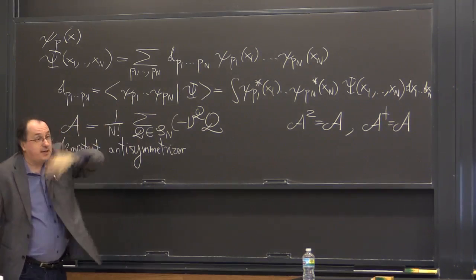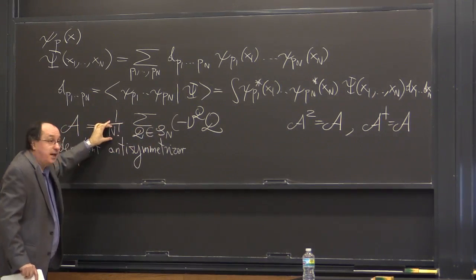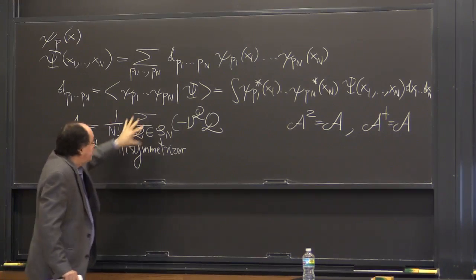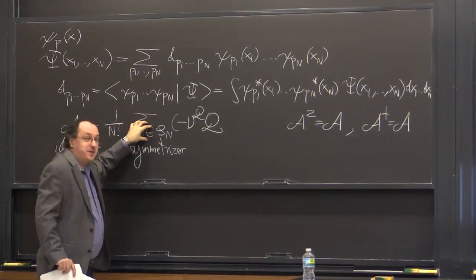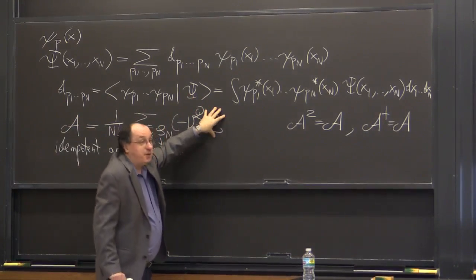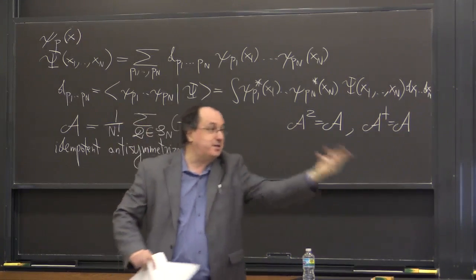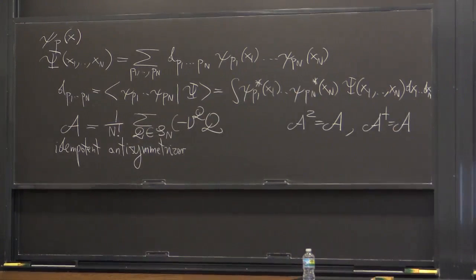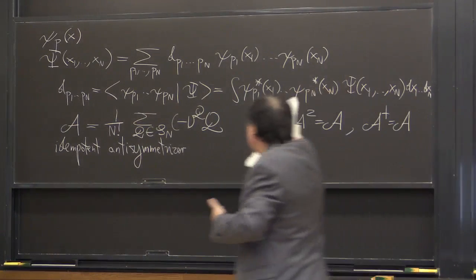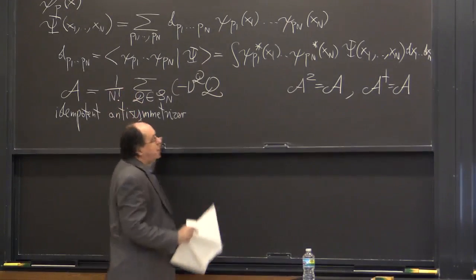In our case, it's 1 because we have anti-symmetric states, then here it's the number of elements in the group. That's n factorial for permutations. You're summing over operations in the group. Those are permutations themselves. Then you have symmetry operations, permutations, times the characters. Well, here there are plus or minus because we have only even or odd permutations. So it's going to be plus or minus 1. So you see, this is a very logical definition. Nothing really unusual. But it's a useful one because of these properties.